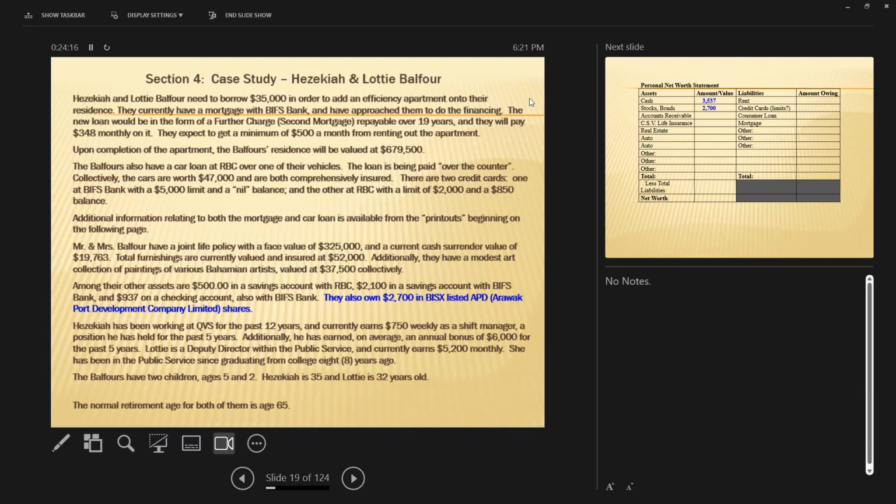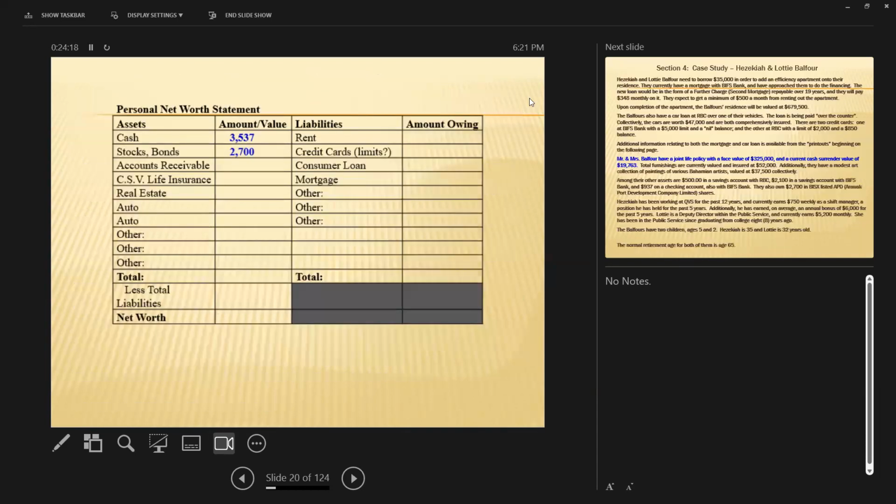And so that goes in the stocks and bonds column, right? Correct? Those of you on Zoom? Yes, okay. Are there any accounts receivable? No, no accounts receivable.